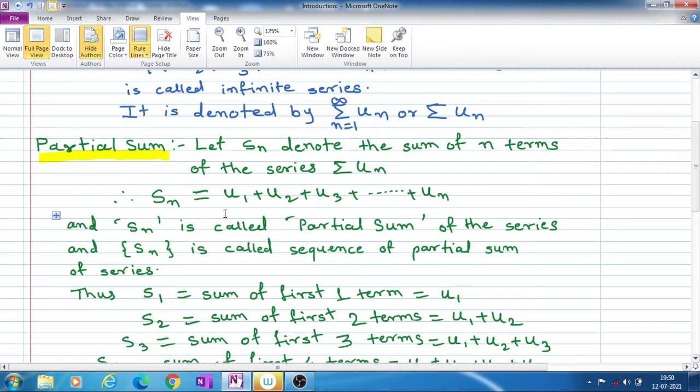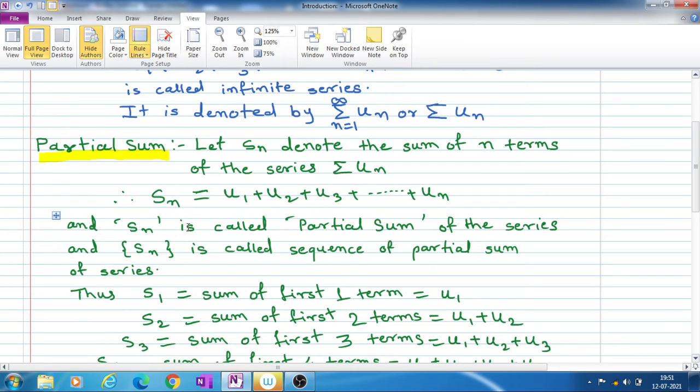So Sn is equal to u1 plus u2 plus u3 plus ... plus un, the sum of the first n terms. Then this Sn is called the partial sum of the series, and this sequence Sn is called the sequence of partial sums of the series.